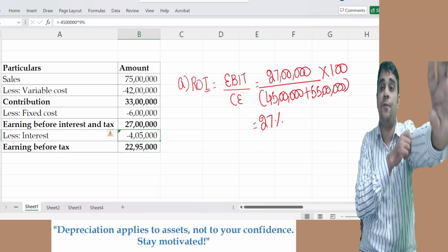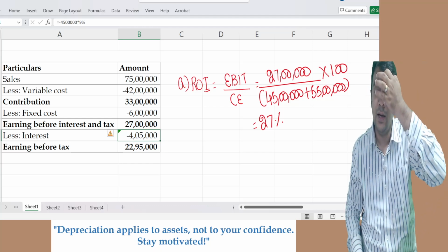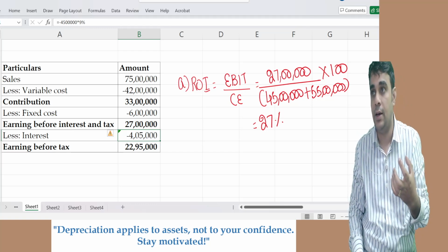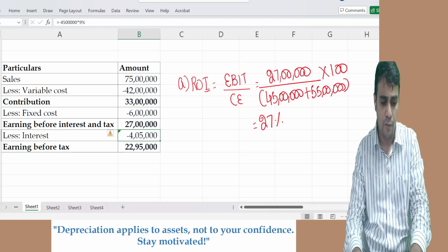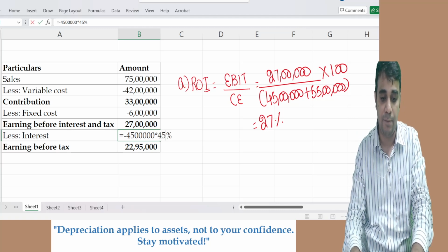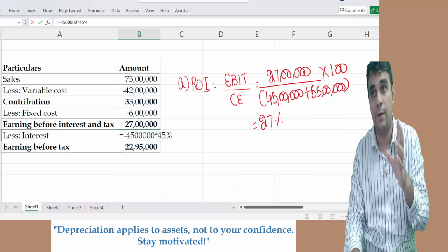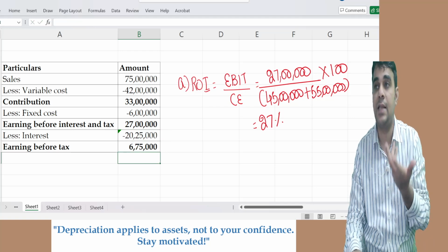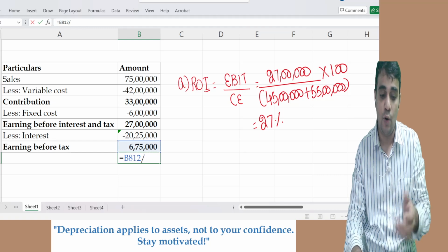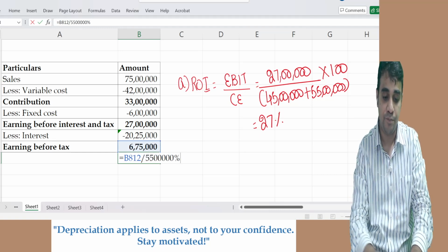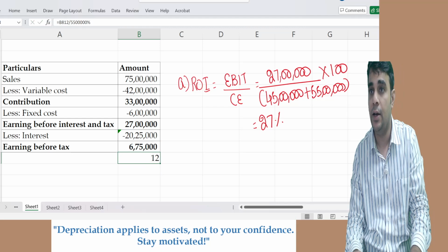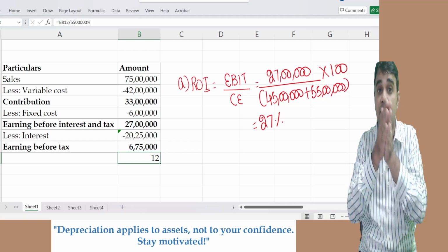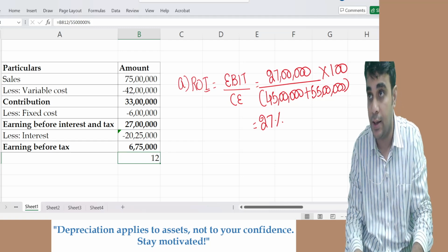So a firm has a favorable financial leverage if I can earn more than the interest paid. If for any reason the interest rate is, let's assume, 45%, a rare scenario, who will pay the penalty for this? Equity guy. They will get only 6 lakh 75, and 6 lakh 75 on their investment of 55 lakh is only 12%. They will be penalized in case interest is higher than the ROI.